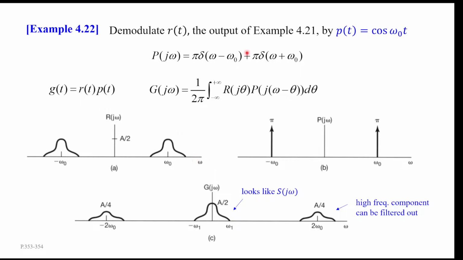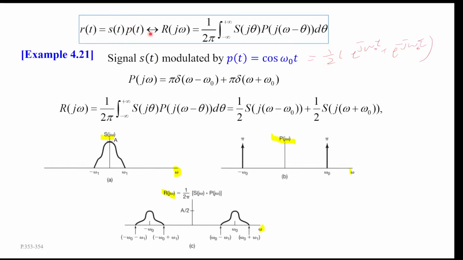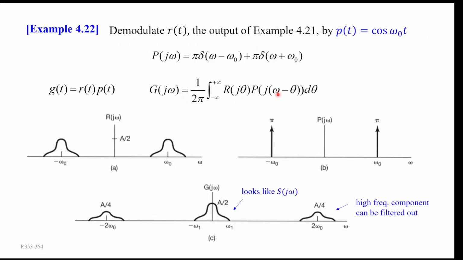Something interesting is you can demodulate by just doing the same calculation. You have this output, and you modulate with the same cosine omega naught t. In the time domain, you just multiply the signal with cosine omega naught t once again. You do the same calculation, convolving this signal with the same big P, and those two deltas give you one half time advance and one half time delay with omega naught.